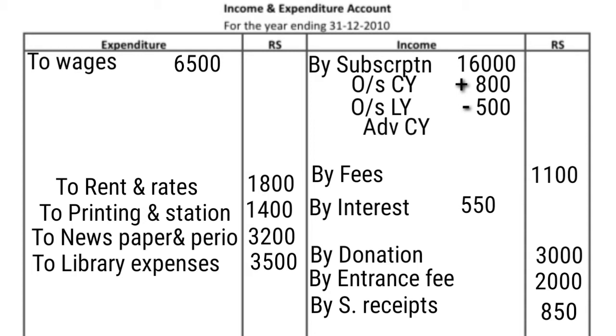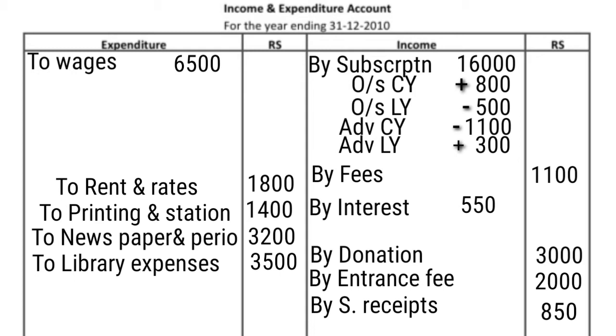Current year advance is rupees 1,100 and last year advance is rupees 300. This also we know: current year advance we will deduct and last year advance we will add. So 300 plus and 1,100 minus. These are the four adjustments related to subscription.